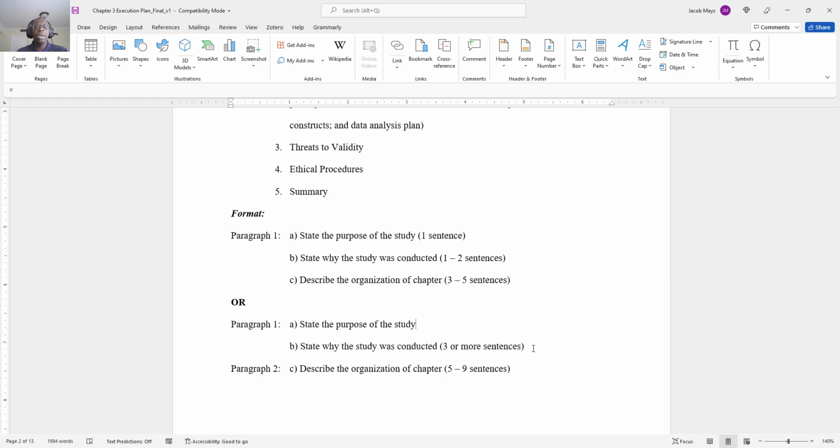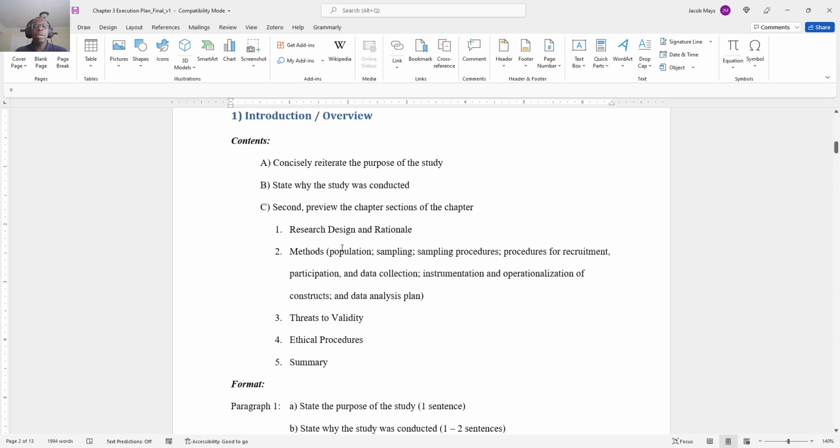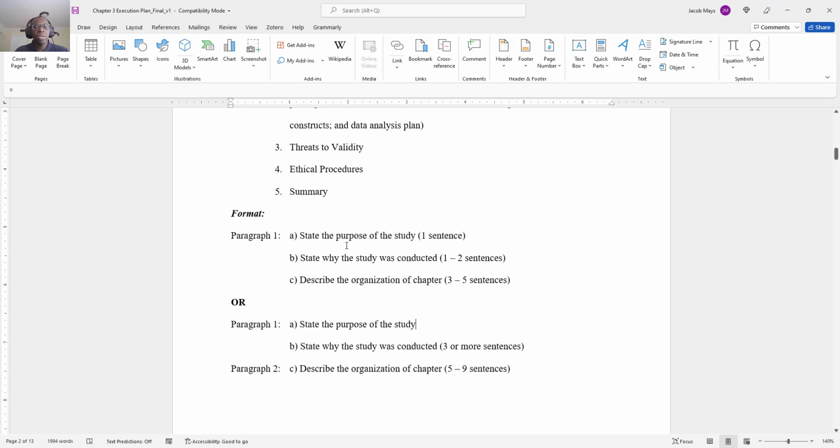And then the second paragraph, you're going to go into details about the different sections. Okay. So here you could list the different sections, but you also want to probably go into more detail about what each section is. I'm not trying to do that. I'm just giving you an option. That's how you write it. So there's a 1 paragraph format and there's a 2 paragraph format.